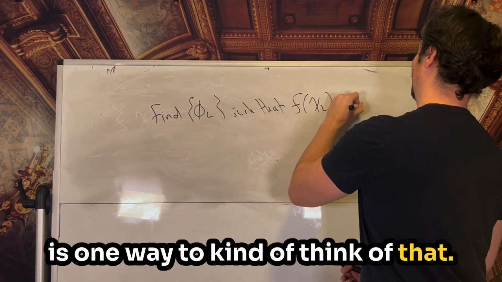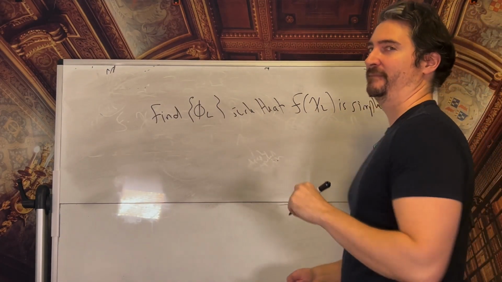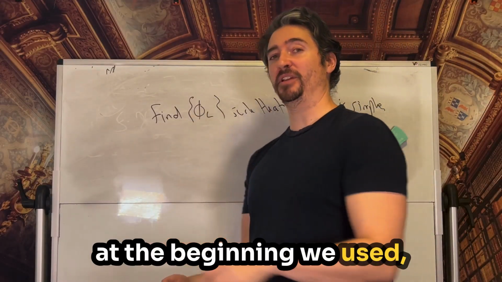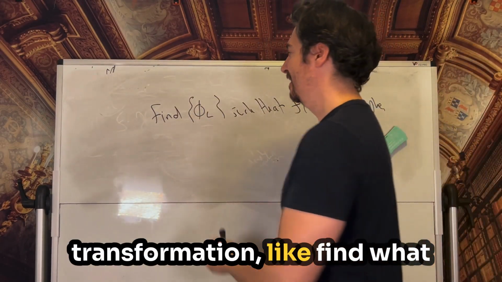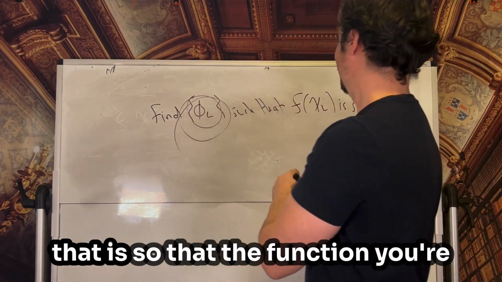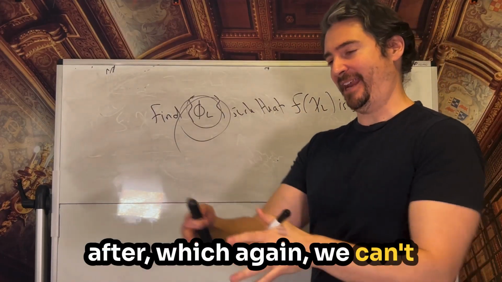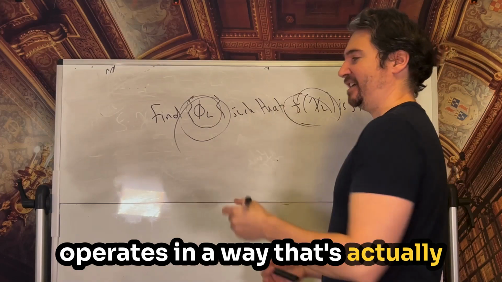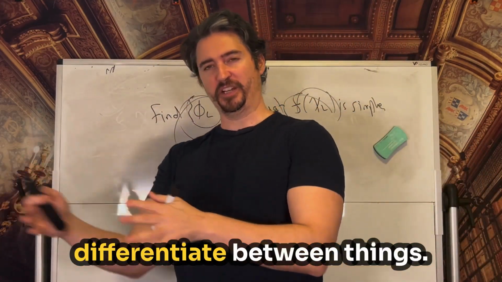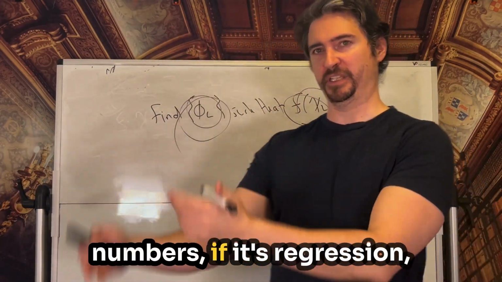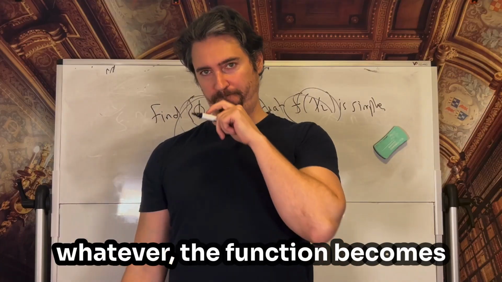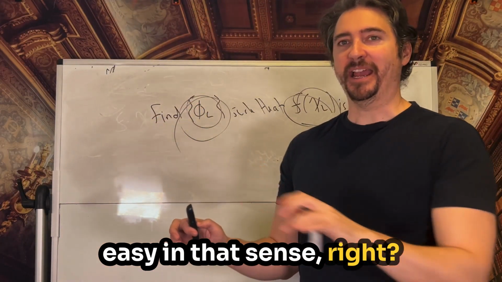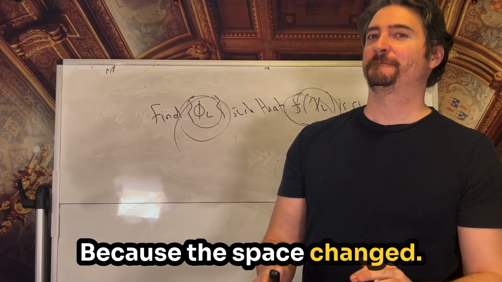Remember at the beginning I used that phi as a transformation. Find what that is so that the function you're after, which we can't analytically look at because it's so complex, operates in a way that's actually simple, in the sense that we can differentiate between things if it's classification, predict numbers if it's regression, whatever. The function becomes easy in that sense, because the space changed.